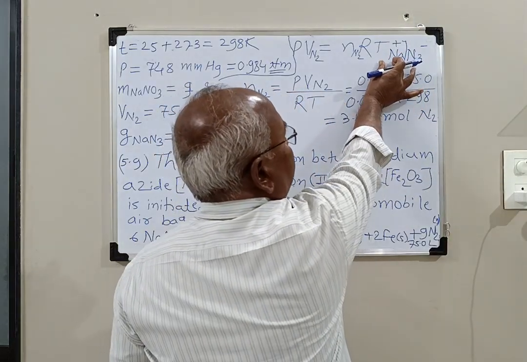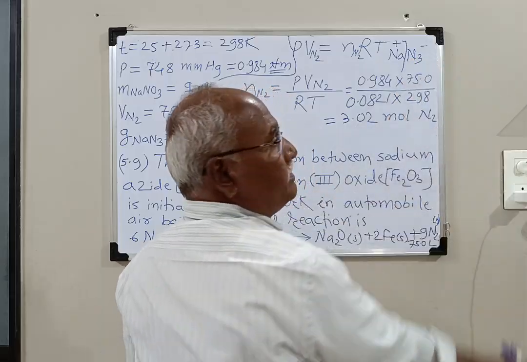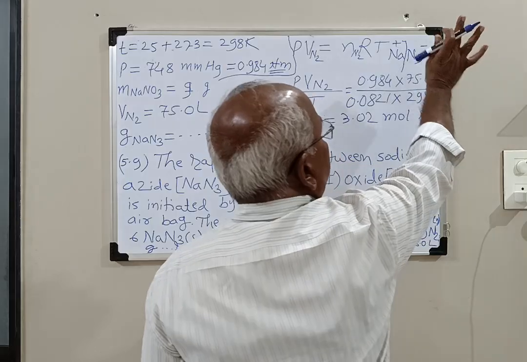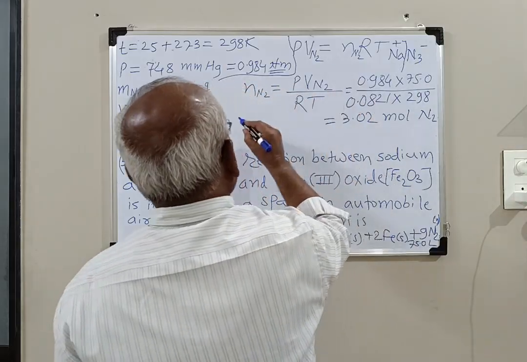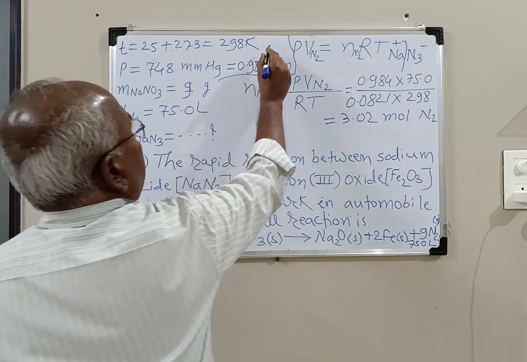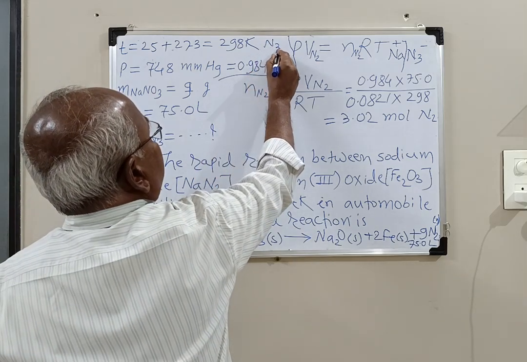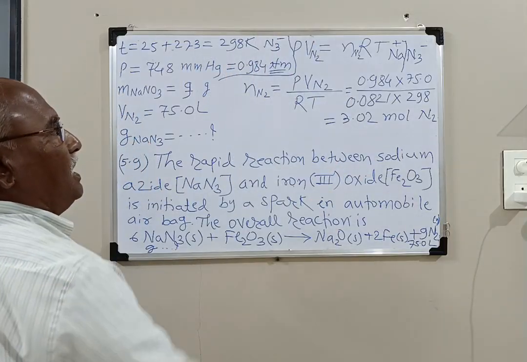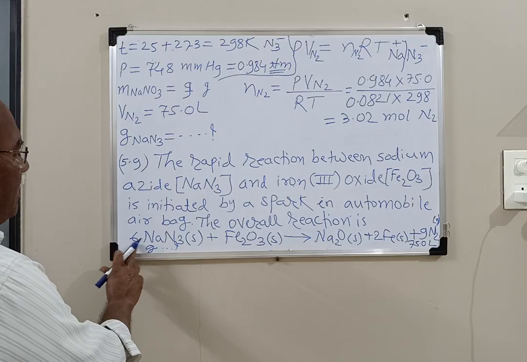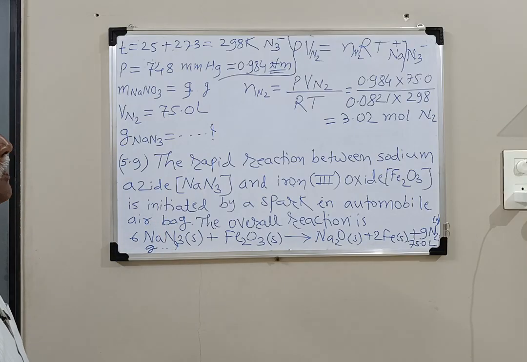This is cation, this is anion, this is positive radical, this is negative radical. N3 minus is azide ion. This ion is called azide ion. We have to find out grams of NaN3.